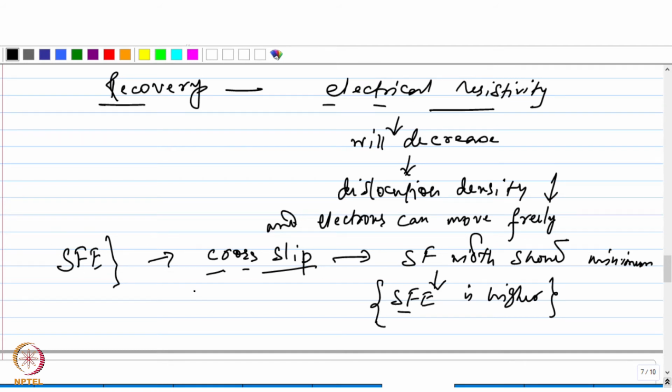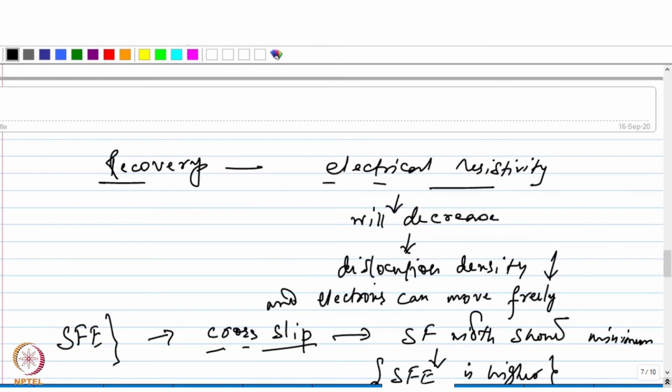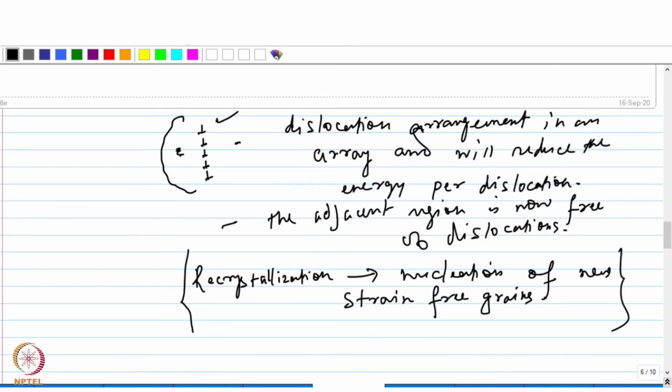And therefore, the tendency for the recovery is going to be higher, because dislocations can now move and go to these kind of regions and arrange themselves in this kind of arrays, okay?